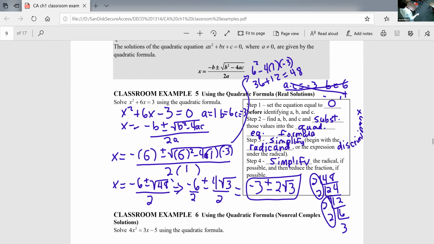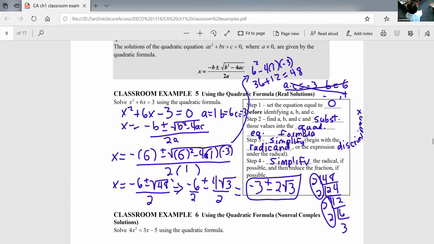Come on, sing along. Negative b. Plus or minus, there you go, the square root of b squared minus 4ac over 2a. Snap, snap. All right. So that's what we have to know, because if you don't write this down correctly, there's no way you're going to come up with the right answer.